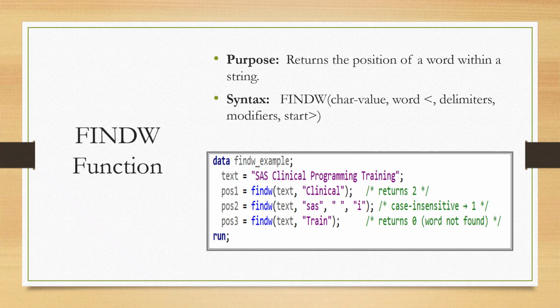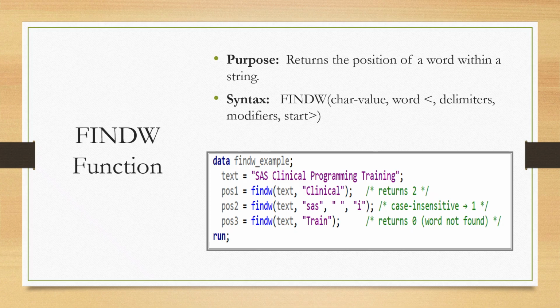Next is the position 3 variable, where we are trying to find the word train. Now note here that we have given the word train, and in the text string the word which we are having is training.